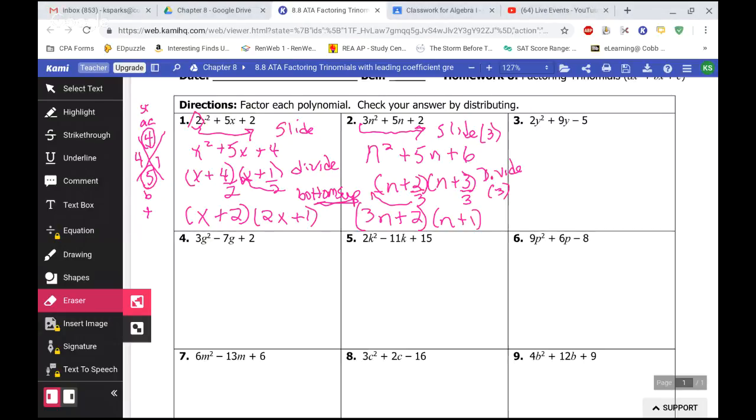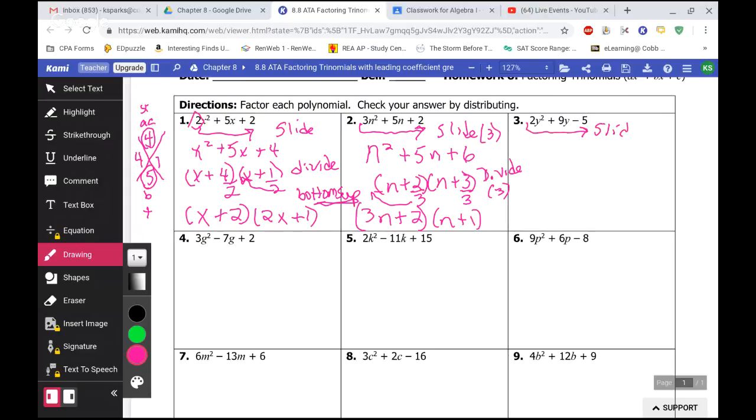Okay, so for number 3, very first step is what? Slide. Good job. Thank you, Grayson. So I'm going to slide down and multiply 2 times 5. So then that's going to give me y squared plus 9y minus 10, because 2 times negative 5 is negative 10.